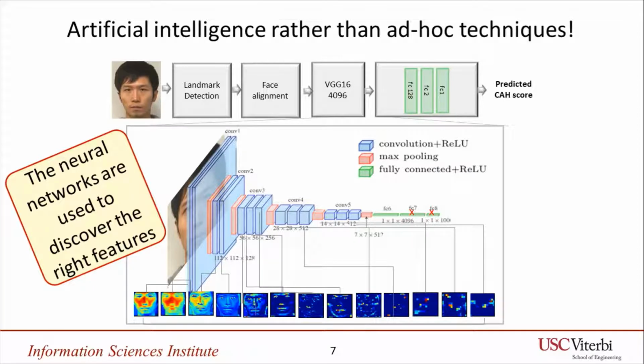And here on this slide, you can see our pipeline for CAH analysis. For people who are interested in the technical details of our pipeline, we are using VGG 16 up to layer FC6, and then pass the features to a small neural network which has a few fully connected layers.